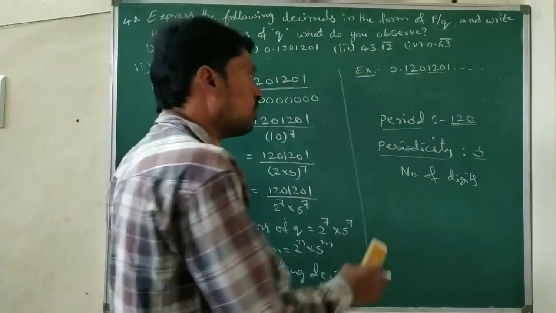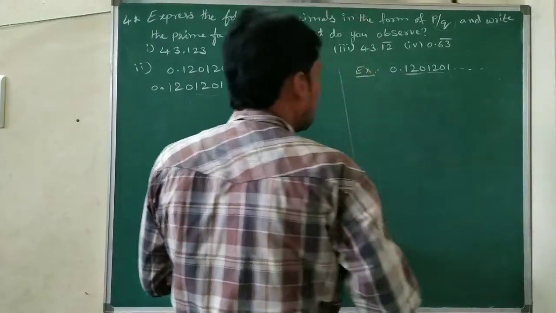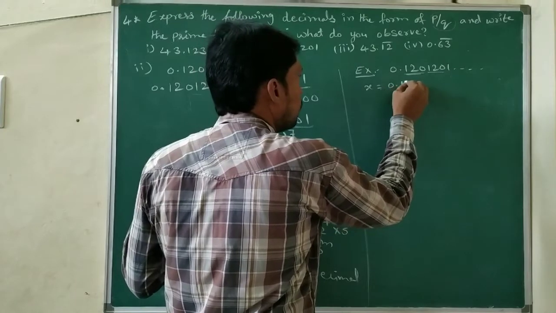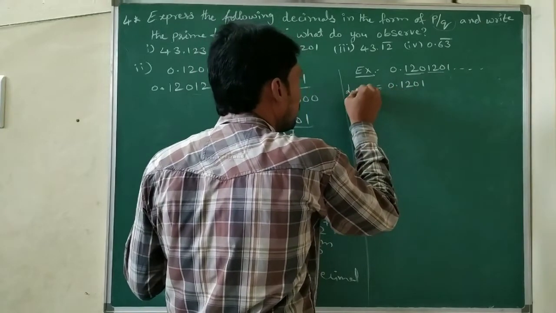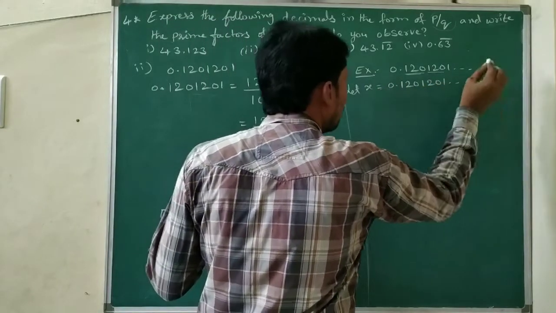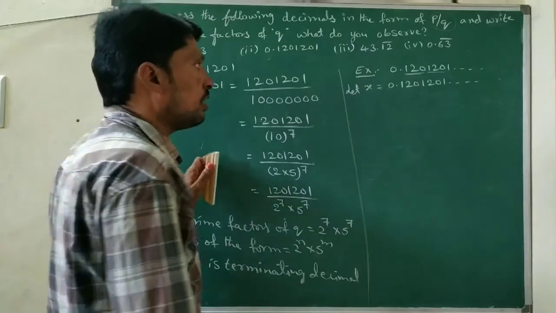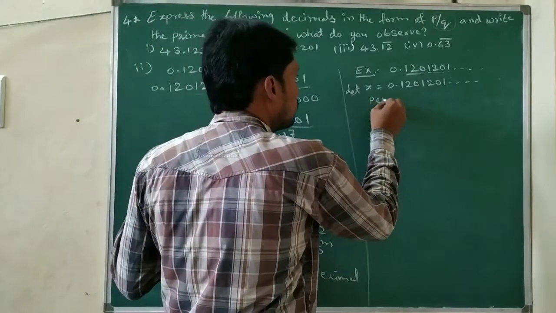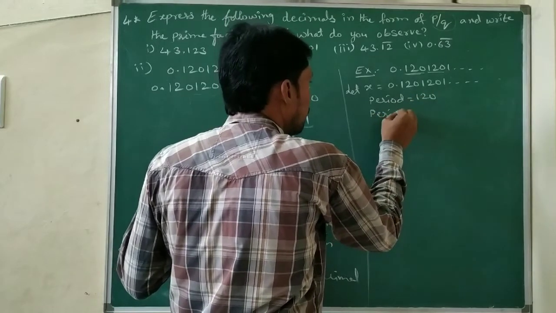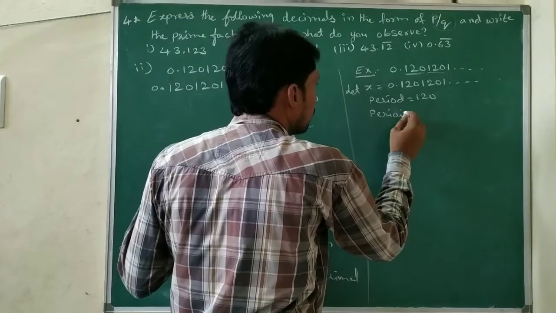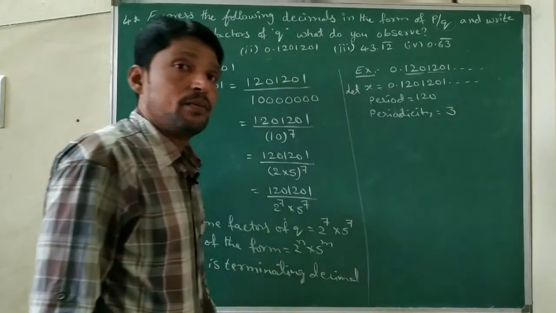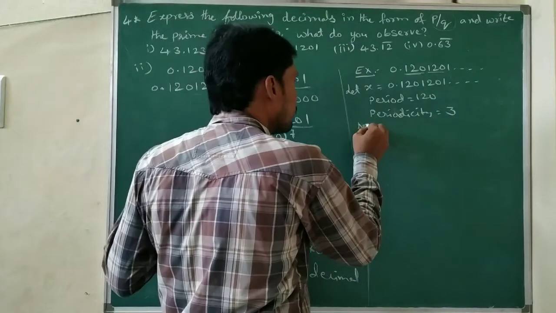Okay, it is clear. Now, see here, given one, let x equal 0.120,120,1 and so on. Here the period is 120 and the periodicity is 3.